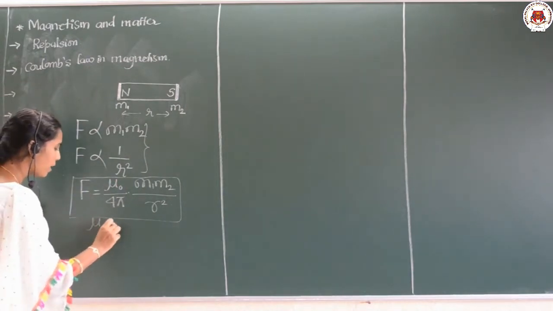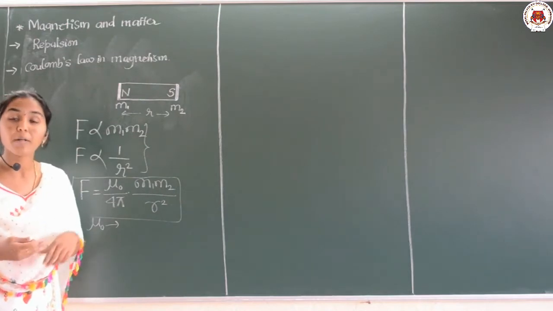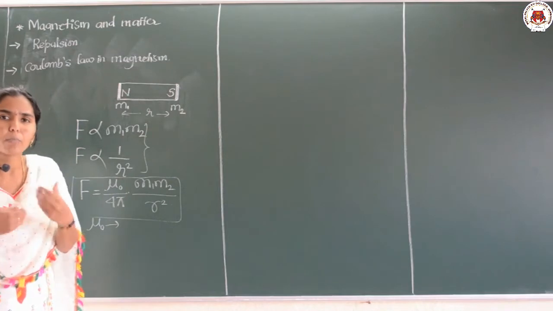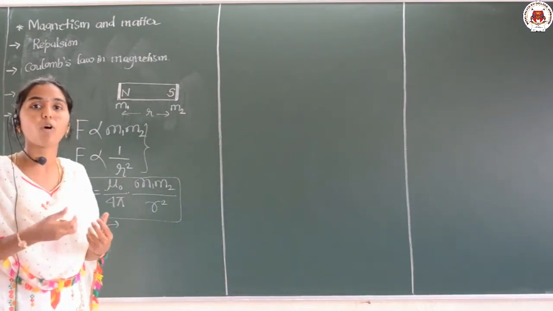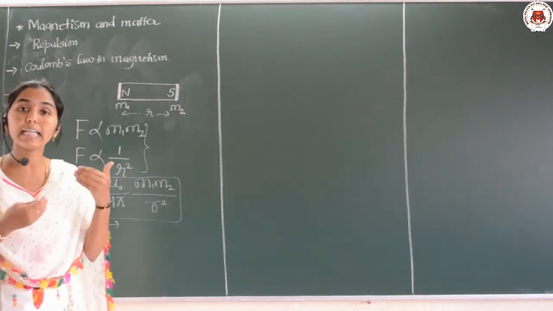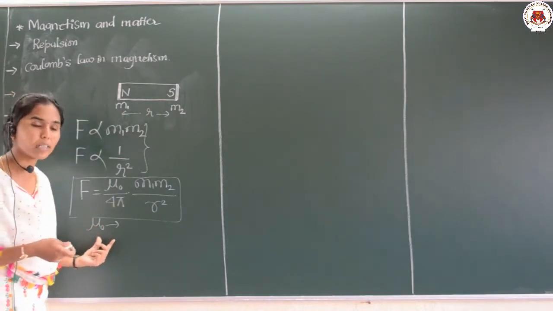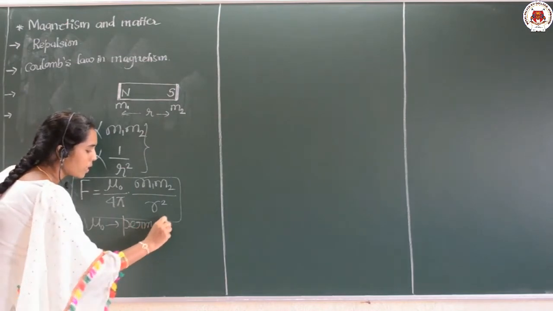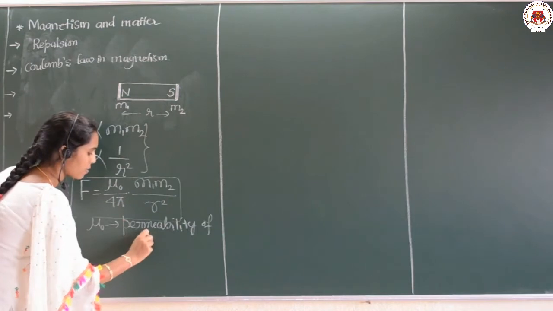Remember, already you know about epsilon naught. What is epsilon naught? That is the permittivity of free space. Permittivity means what is the strength of that free space to allow the electric field lines. Similarly here, mu naught is called the permeability of free space.